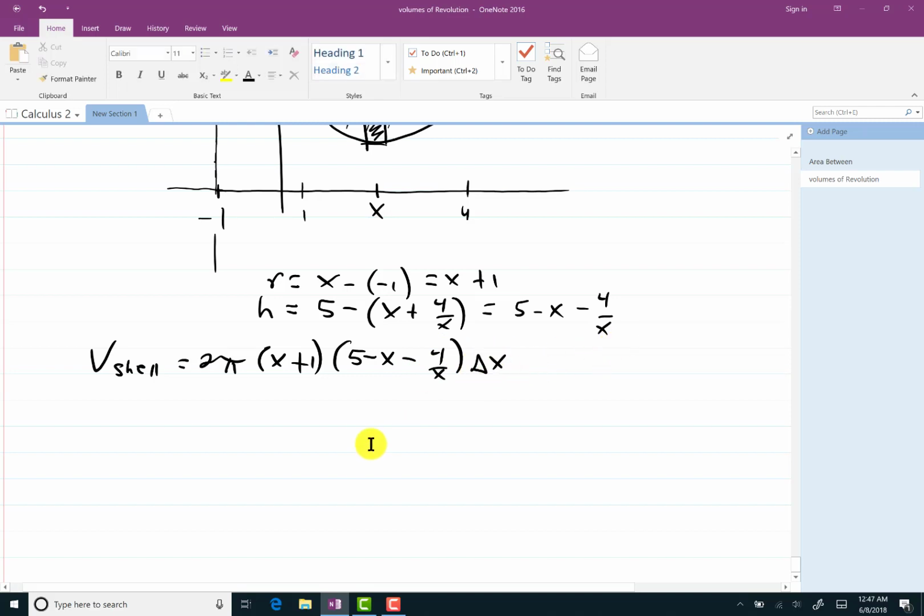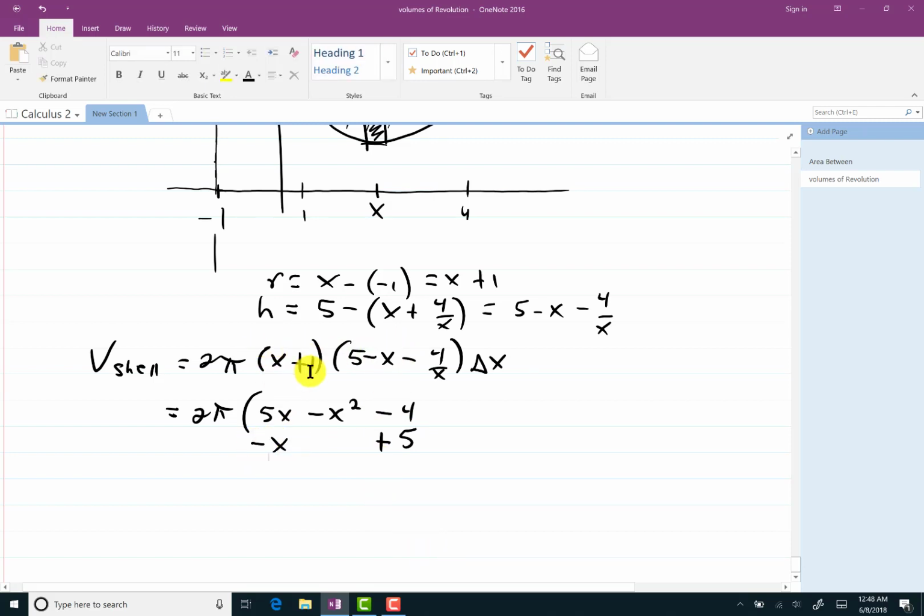I think I might find it useful to multiply this all out. So x times 5, I'll do x and multiply it through everything. So I'll get 5x minus x squared minus 4. And I'll go ahead and do 1. I'll have 1 times 5 is 5. 1 times -x is -x.